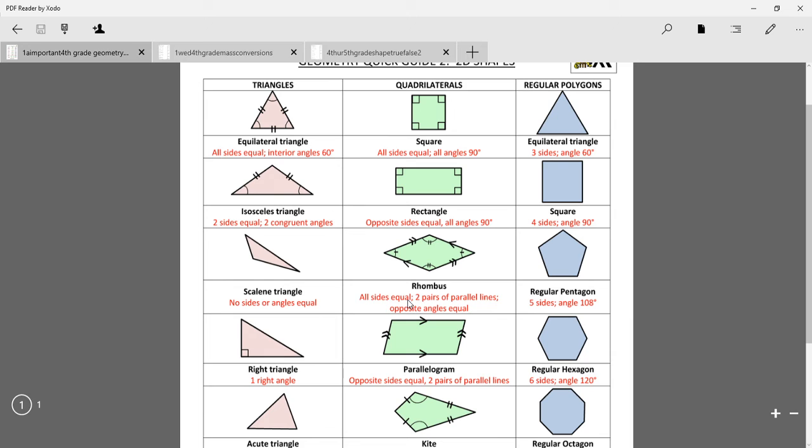So all sides are equal, two pairs of parallel lines, and opposite angles are equal. So yeah, rhombuses are parallelograms as well because they have the two pairs of parallel lines, and the opposite sides have to be equal because all the sides are equal, right? So they are definitely parallelograms.